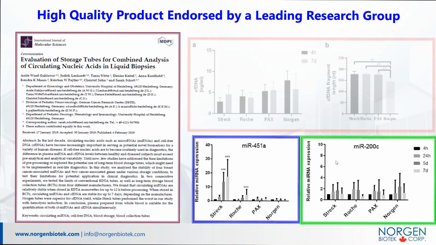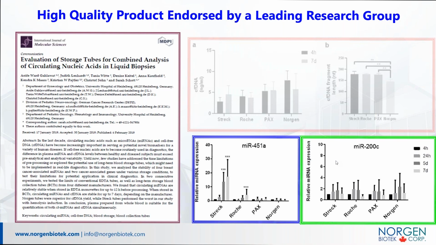Ours didn't show induction in our hands for 30 days. And they assessed this, as I mentioned, by the miR-451A. Roche tubes also performed well for microRNAs with only slight induction of hemolysis, which hugely increased with Streck after 5 days.